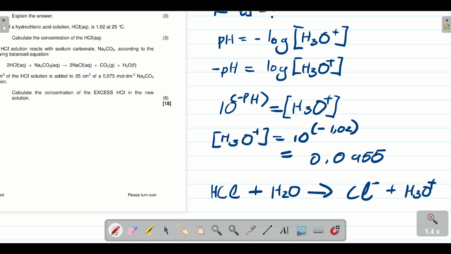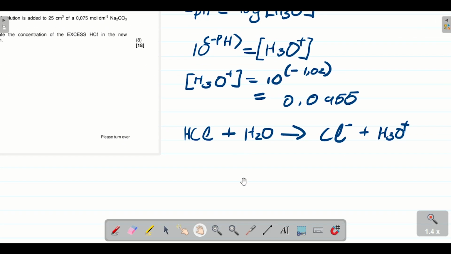We have a 1-to-1 relationship with hydrochloric acid, and therefore the concentration of the hydrochloric acid is also 0,0955.